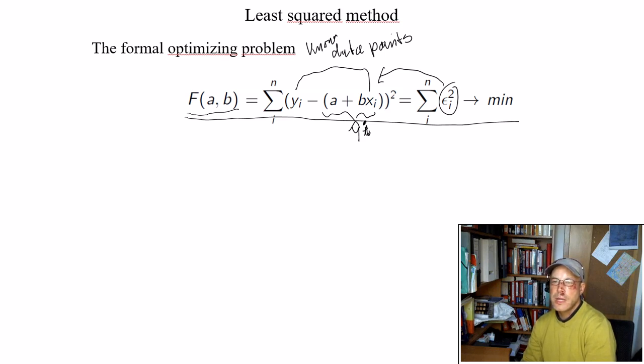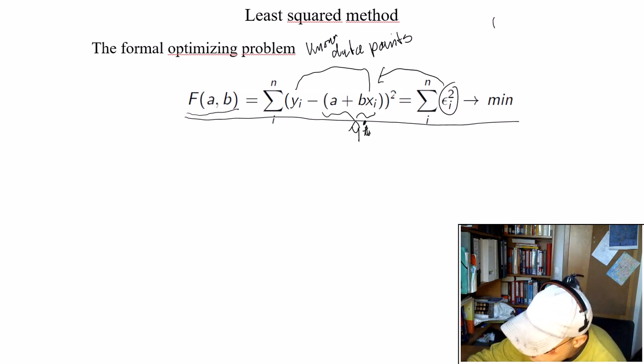Question, what do we have to do when we have a function depending on two variables and we want to minimize this function? What we have then formally to do? What would you do if you have a function depending only on one variable when you want to minimize this function? What do you have to do?